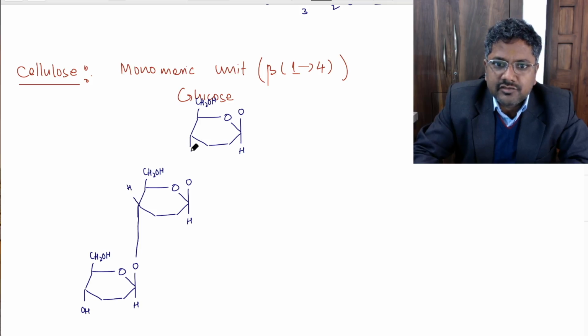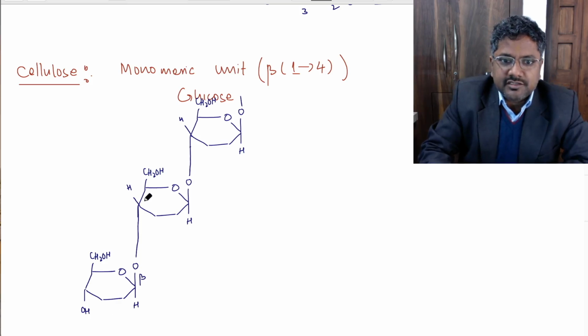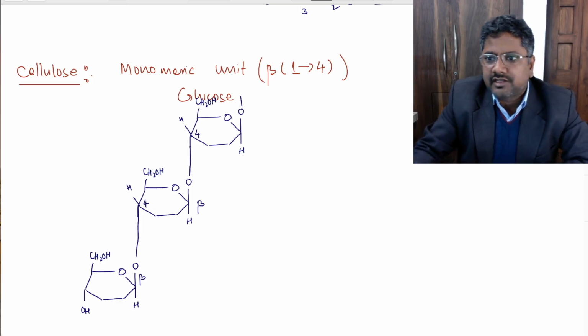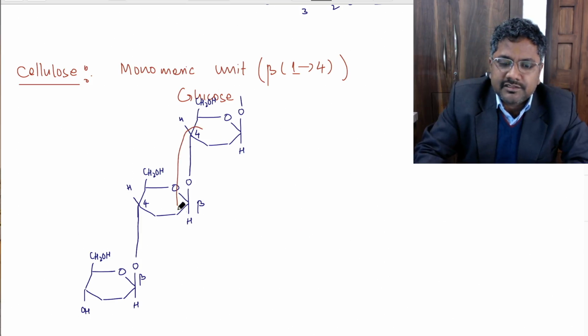This is hydrogen. This will join like this. This is hydrogen, right? And simply this will join. So this is beta configuration. This is the fourth carbon. This is beta. This is not cross linking. This is the joining, beta 1,4.